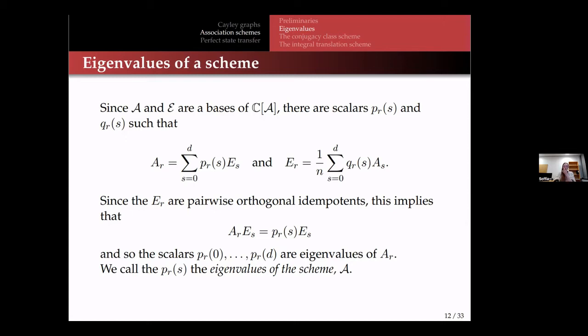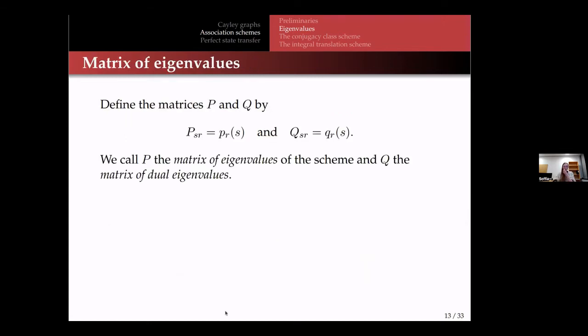And now we're going to put these eigenvalues in a matrix. We define P and Q by letting P SR be PR of S, and Q we define similarly. P is called the matrix of eigenvalues of the scheme, and Q is the matrix of dual eigenvalues of the scheme.